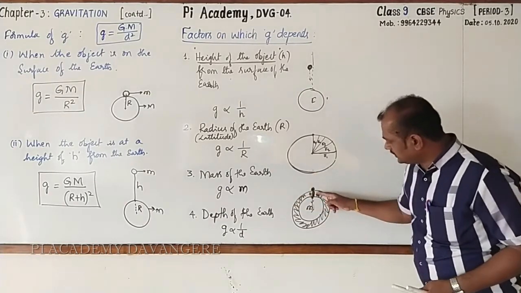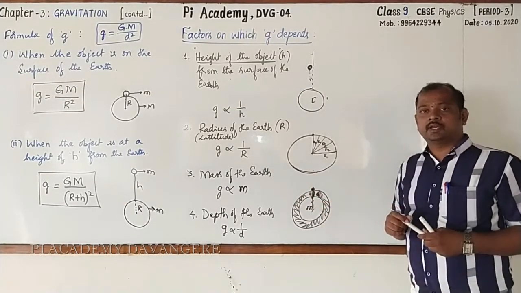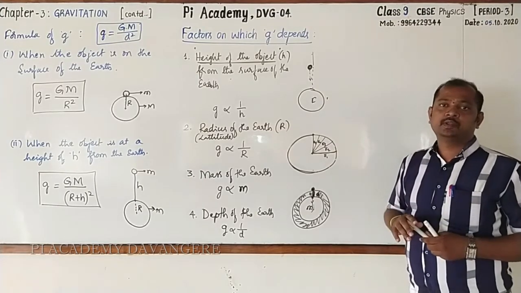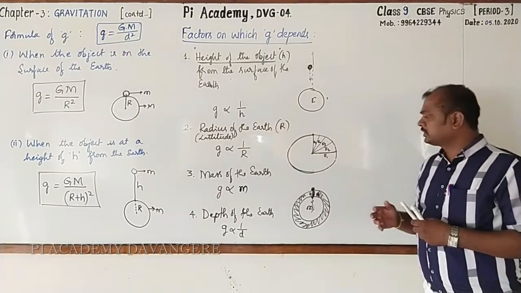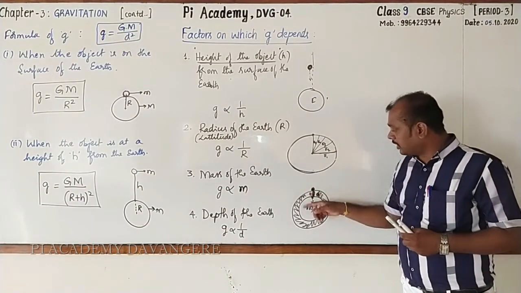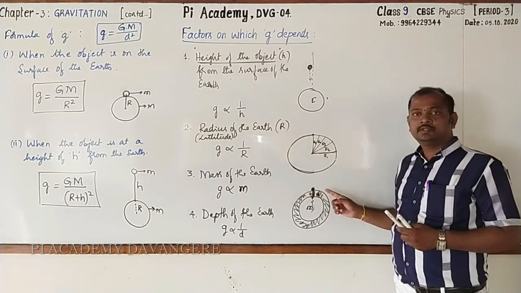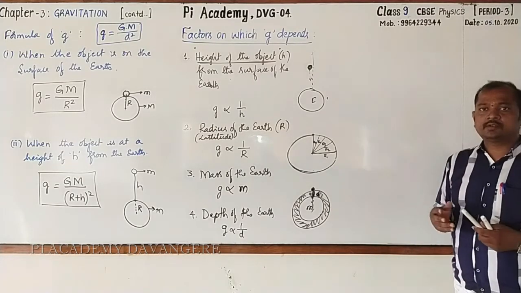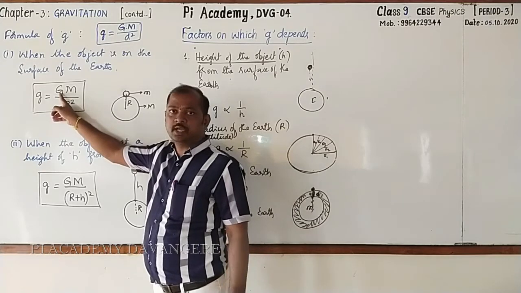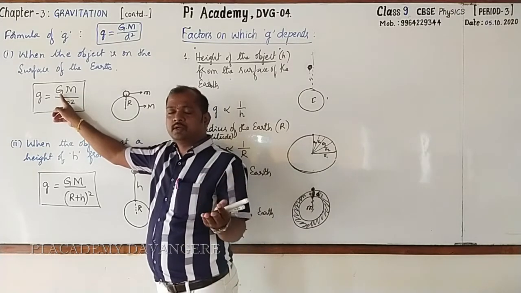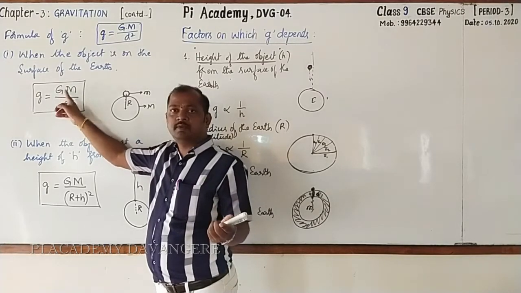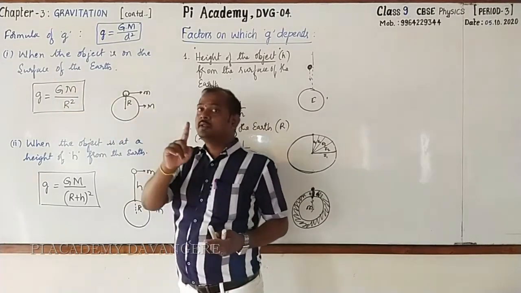When the object is exactly at the center of the earth, then the value of g will be 0. Then, dear students, can we calculate the acceleration due to gravity on the surface of the earth? Yes, we can calculate. If you want to calculate that, you must know the value of capital G. We are already familiar with this. It is 6.67 into 10 raised to the power minus 11 Newton meter square kg to the power minus 2.